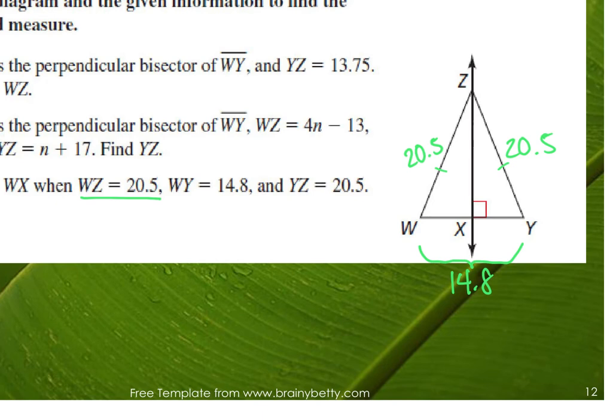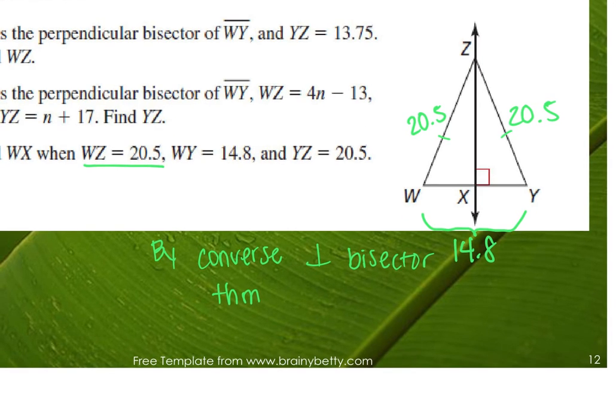So we're going to put by the converse of the perpendicular bisector theorem. By the converse of the perpendicular bisector theorem, what needs to be equal to each other? YX needs to be equal to WX, right?